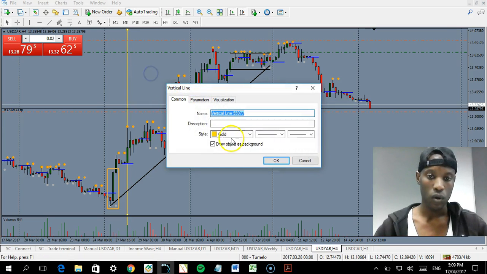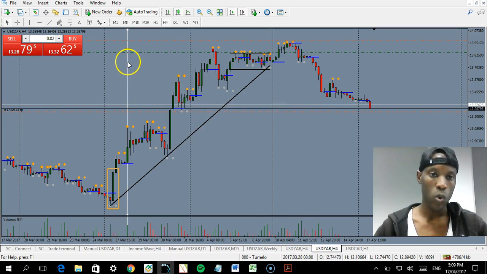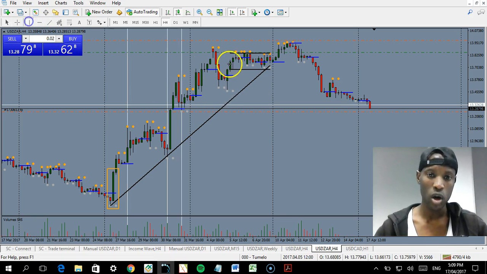Where I'm plotting these lines is basically where the volume for me was an indicator as to what was actually going on in this move at this point in time.